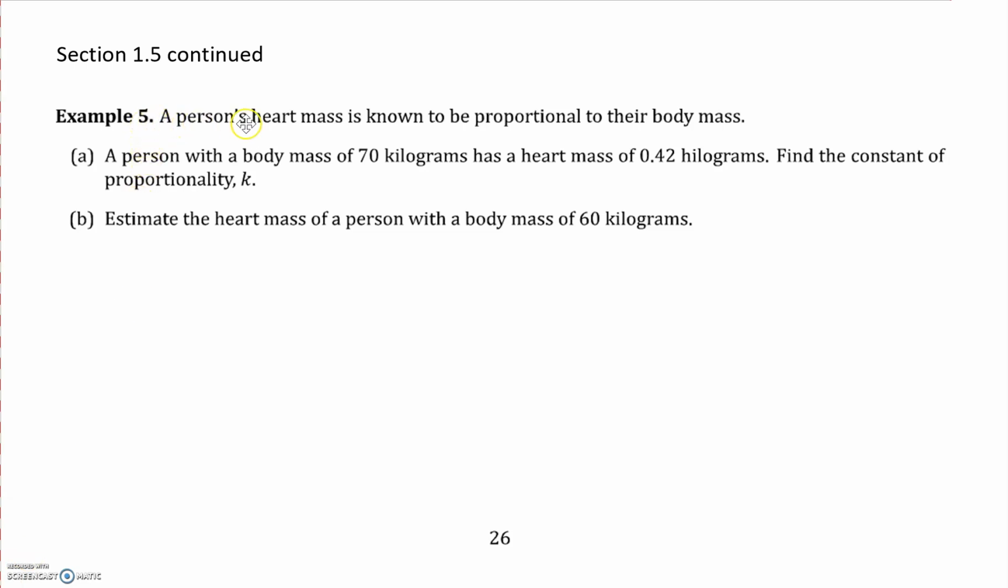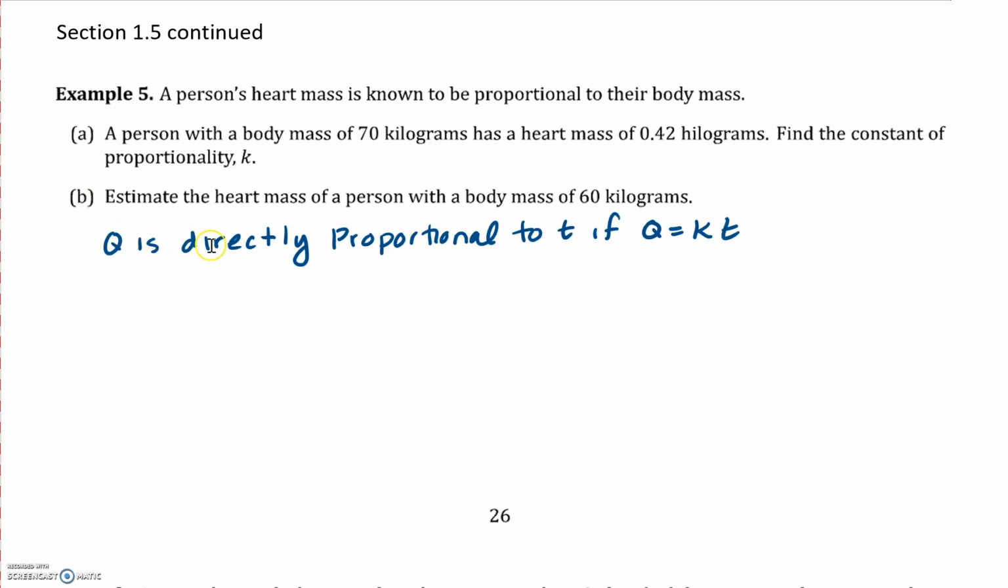It says a person's heart mass is known to be proportional to their body mass. There's that word that we just went over in the last video, proportional, which is defined in a box at the top of this page, which says Q is directly proportional to T if Q equals KT.